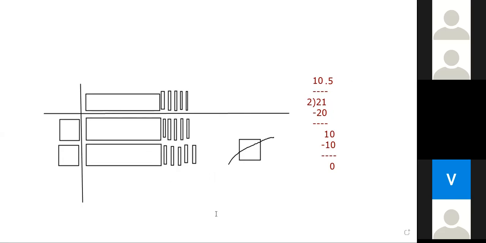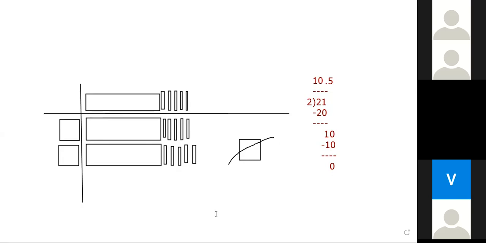Since you asked this question, I'm very tempted to give you one small homework. Try dividing 3 by 4 in the same manner. If you don't want to do 3 by 4, you can do, let's say, 7 by 4.